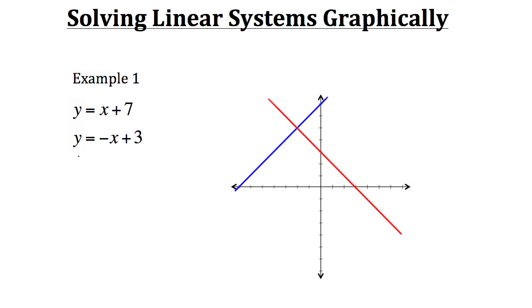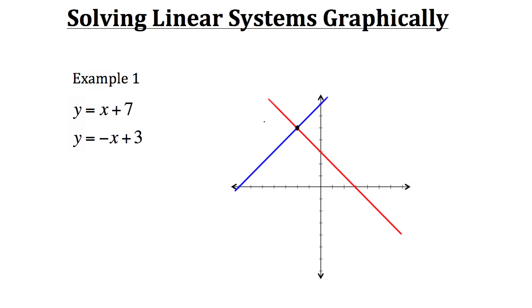So now, as you can see, we have our system graphed on the same coordinate plane. We have both the equations, and it looks like the two intersect right here. Now the solution would be the coordinates of this point.